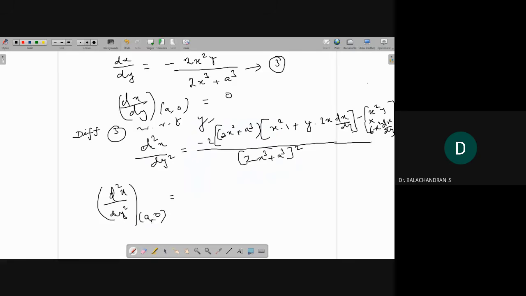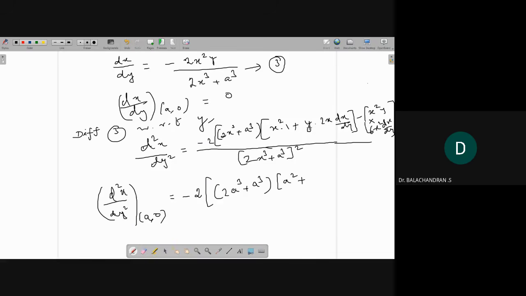So now I am going to substitute x is equal to a and y equal to 0. So minus 2 in bracket 2x cube. What is x? X is a. So a cube plus a cube into x square is a square plus, there is no need to substitute here because y is also 0.